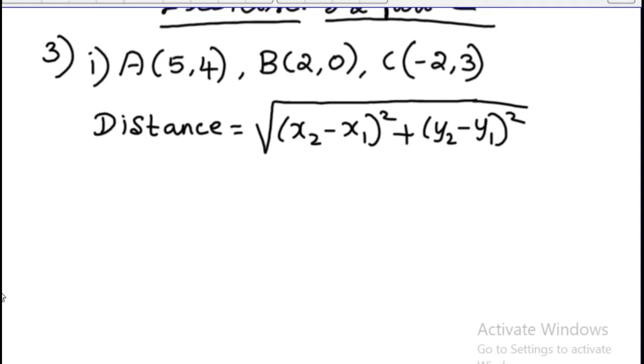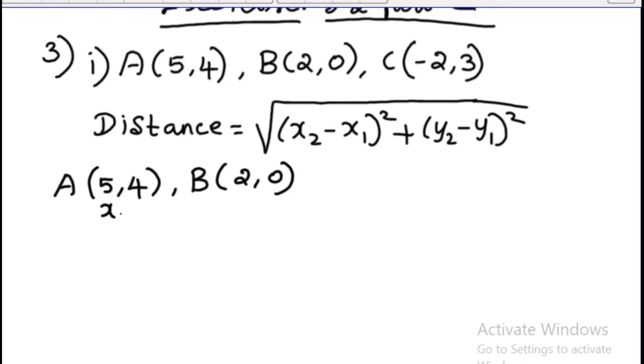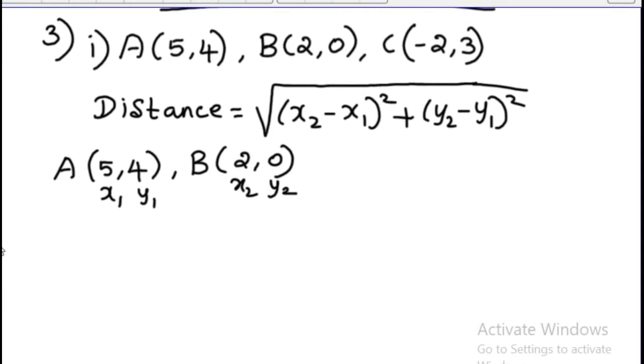So first you can take the A point and the B point, that is 5, 4 and B point is 2, 0. You can take it as x1, y1 and x2, y2. Therefore, AB is equal to square root of x2 minus x1 the whole square.